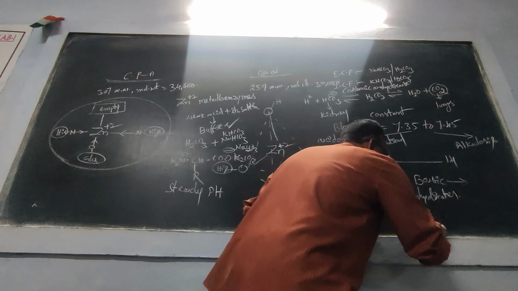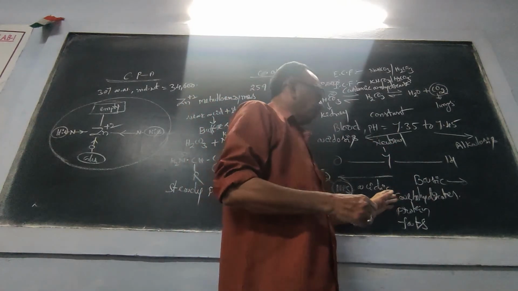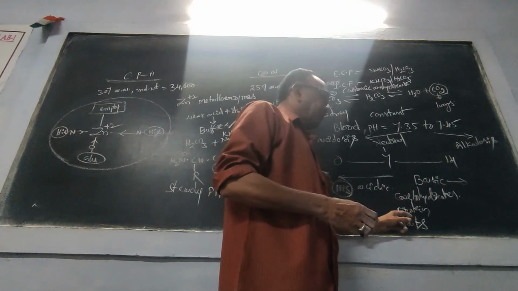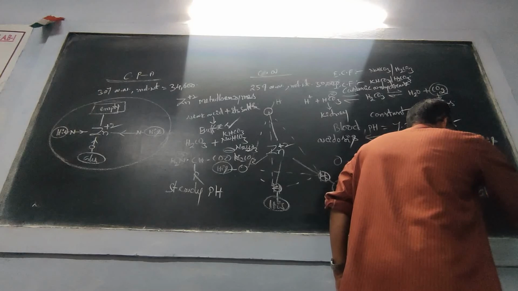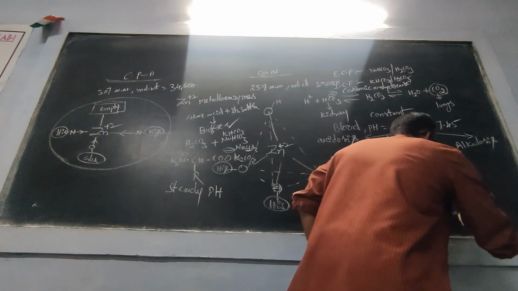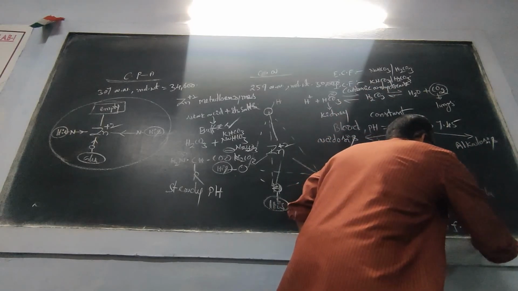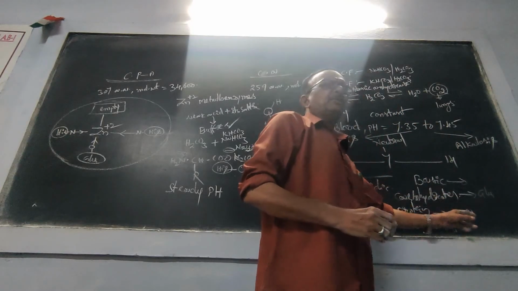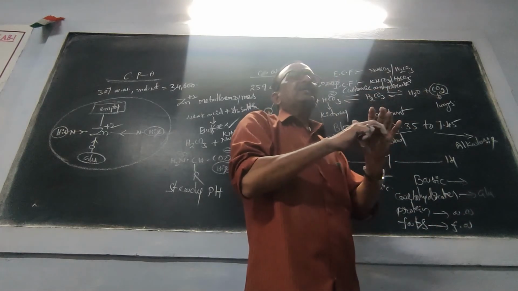So whatever we eat contains mainly three major biomolecules, that is carbohydrates, proteins and fats. Carbohydrates are converted into glucose, simpler molecules, and proteins are converted into amino acids, and fats are converted into fatty acids. And these simple molecules will enter into the blood. Then we say that digestion is completed.